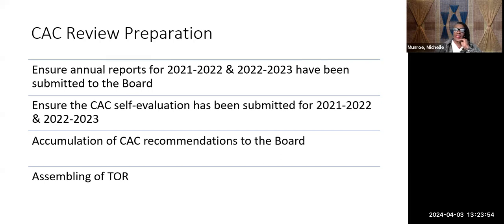And yes, there is a thinking to add an element in the CAC review template that will provide the opportunity to include work that has been done by the CAC that has had impact and implication on policy, because again, community advisory committees advise the board on policy, and we want to be sure that that gets represented and reflected in the information that's shared with trustees.